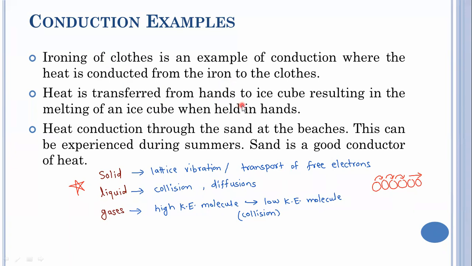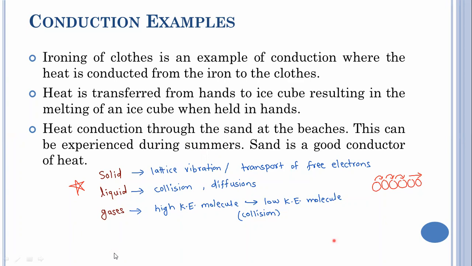Heat is going to flow from your hand to the ice cube and the ice cube is going to melt, right? So melting of an ice cube when held in hand is also physical contact. And third, heat conduction through the sand. This is a very good example, right? This can be experienced in summer, and sand is a very good conductor of heat. Remember this.